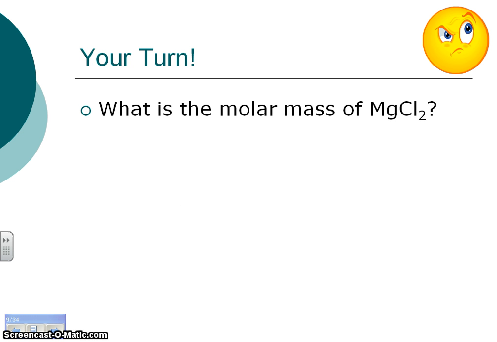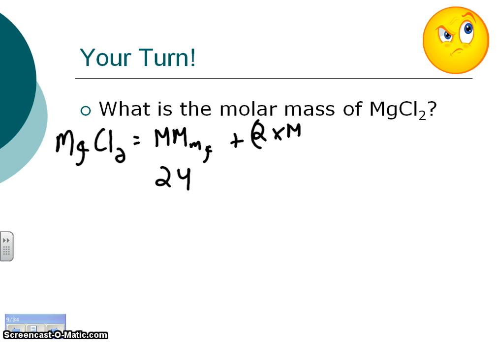Now, we have a couple other examples. If we want to look at the molar mass of magnesium chloride, magnesium has a molar mass of 24.30, so that's going to be 24, plus 2 times the molar mass of chlorine, which is 2 times 35.5.